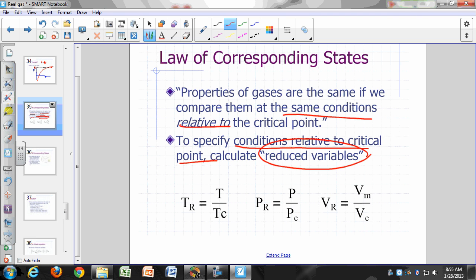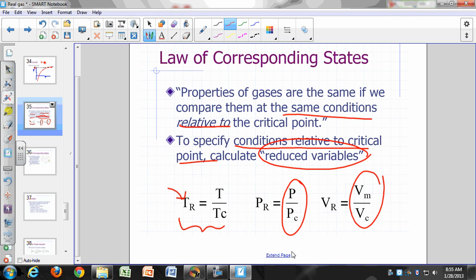The reduced temperature is simply the ratio of the temperature to the critical temperature. What's the unit for reduced temperature? Unitless, right? Reduced pressure is just the ratio of the pressure to the critical pressure. And the reduced volume is the molar volume divided by the critical volume, the molar volume at the critical point.